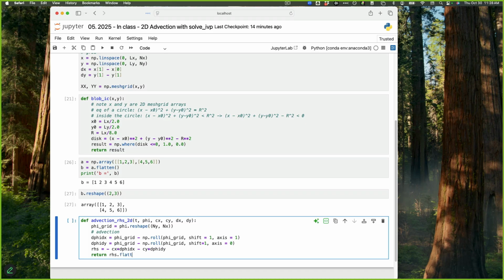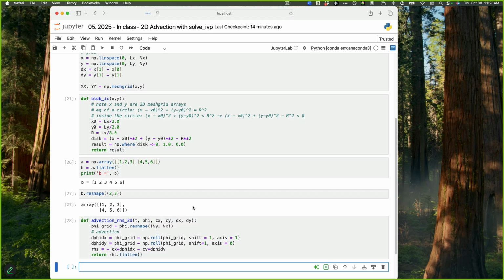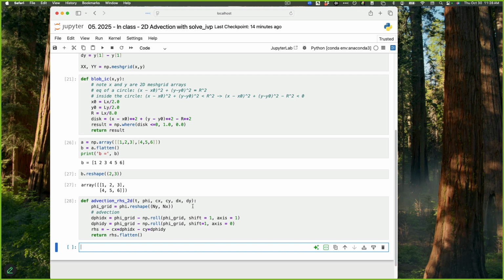Return RHS.flatten. That's it. It looks 99% like the 1D version. If you disagree, you should say now and why. But I don't think you disagree, because it does look like the 1D version.